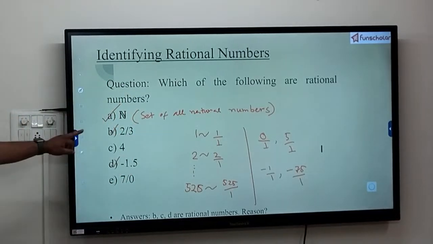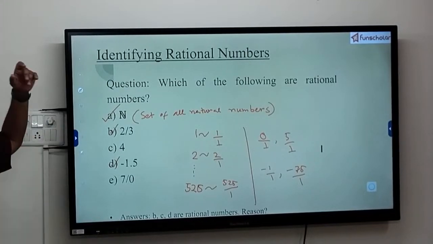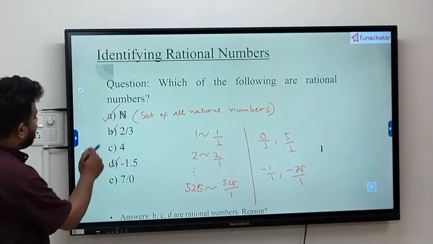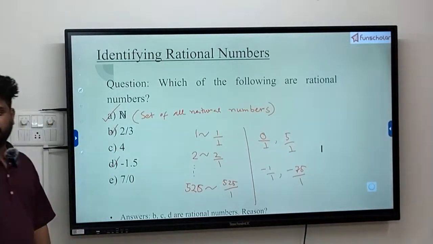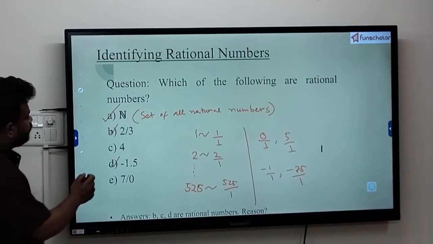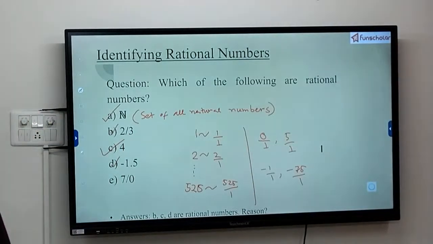Okay, the next one is pretty much easy. 2 by 3 is already written in p by q form, so it will also be rational. The third one is 4. 4 is what? Tell me. Natural number and also a whole number. So 4 will also be a rational number. Okay, the fourth one is minus 1.5.